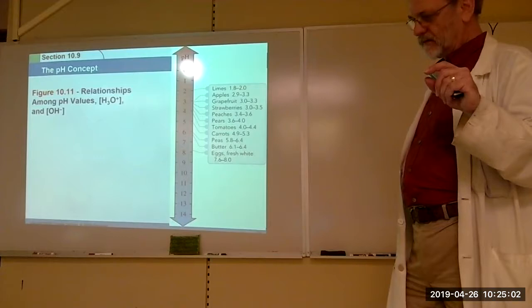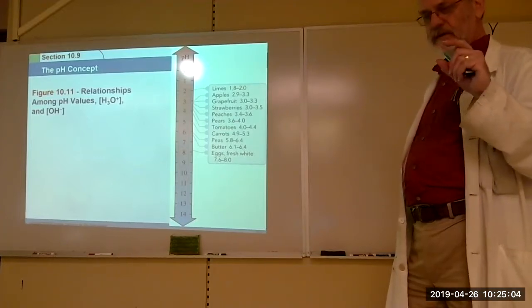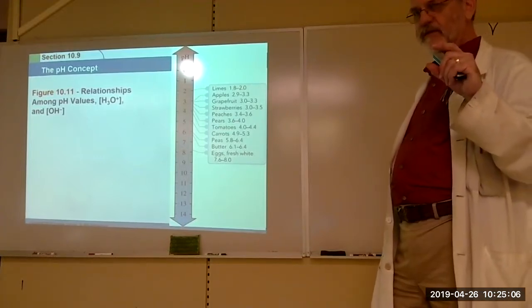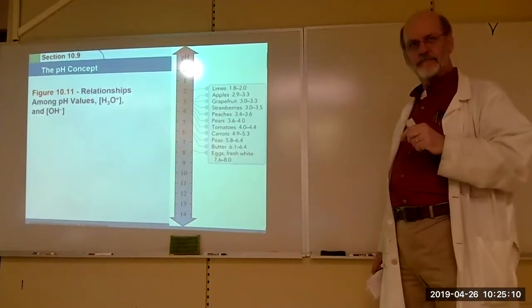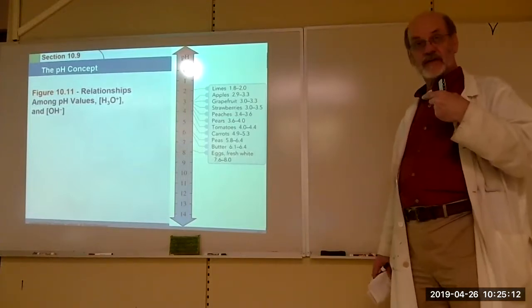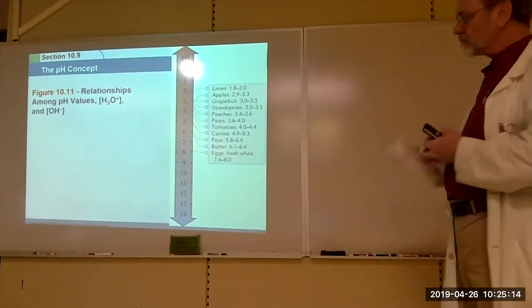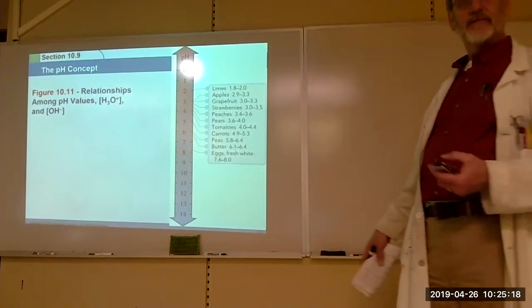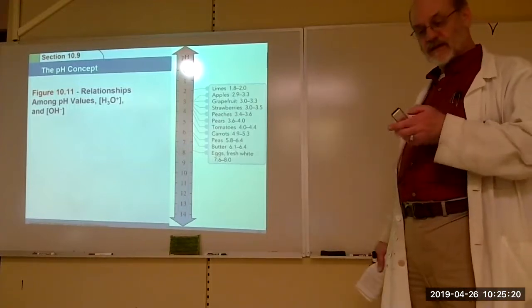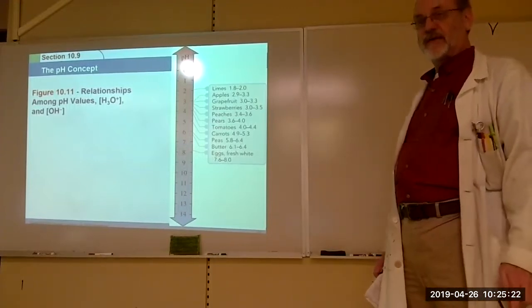Yes, 7.35 to 7.45, I believe. Very narrow. We're going to talk about that in a second. It's called buffering. If you get outside that range, blood goes acidic or basic, and you start to feel it in a hurry.